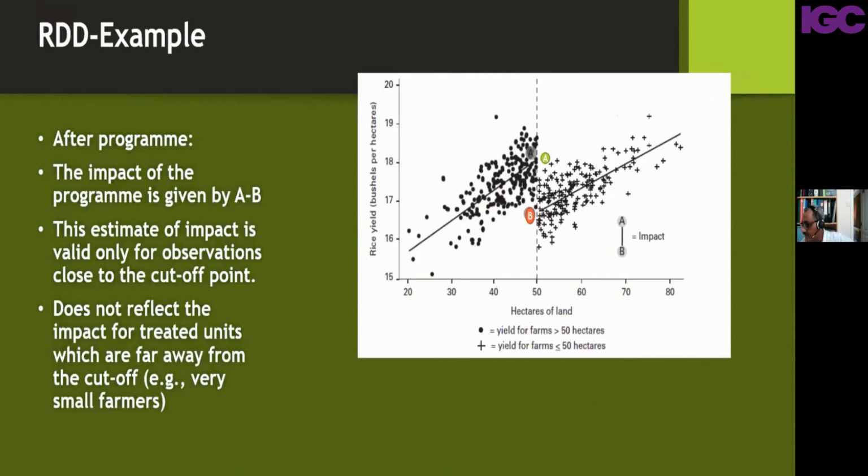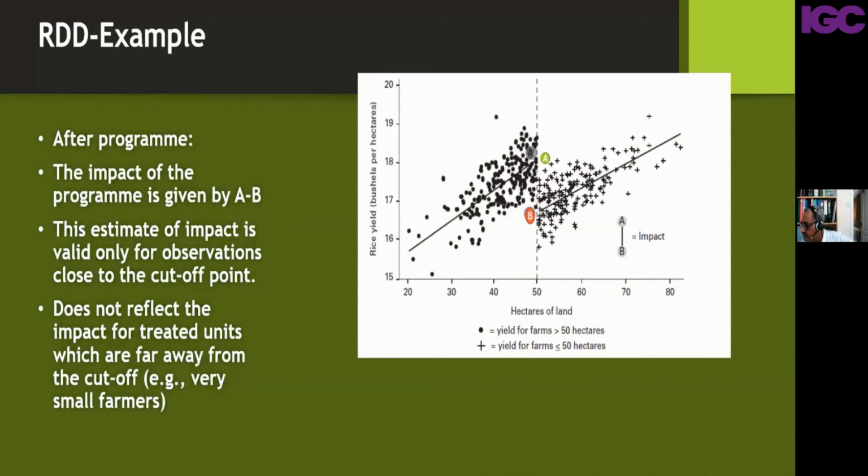So what we have done here is we have estimated a regression line separately for the participants, that is, who are below 50 hectares, and we have estimated a regression line separately for the non-participants.